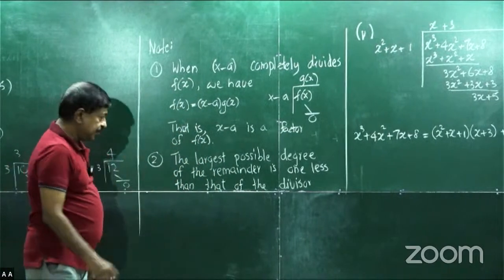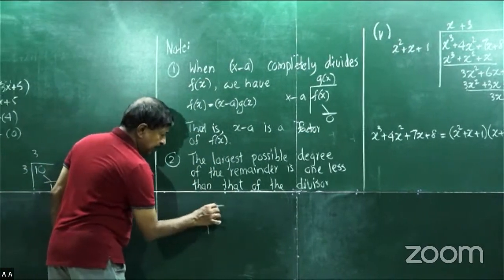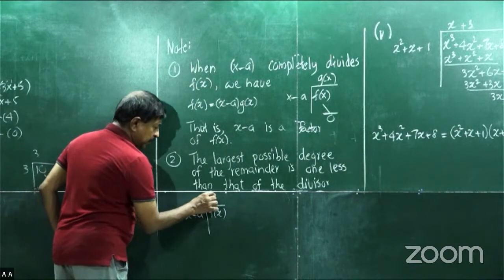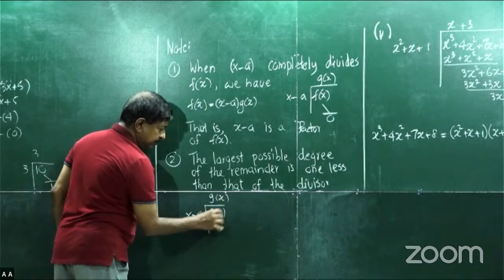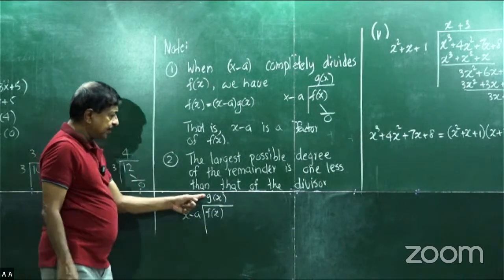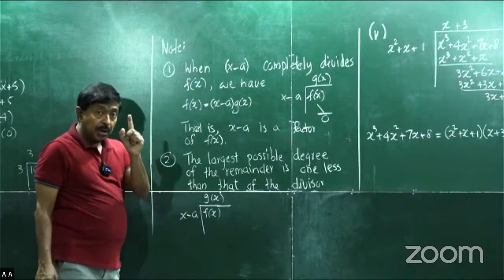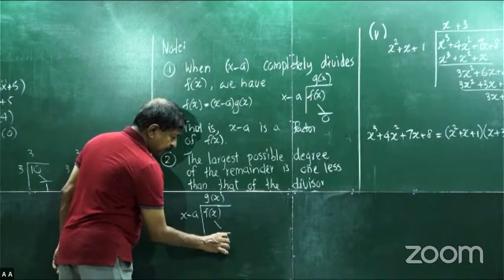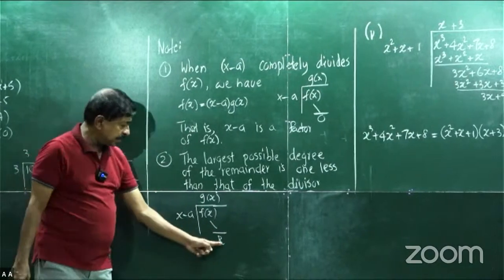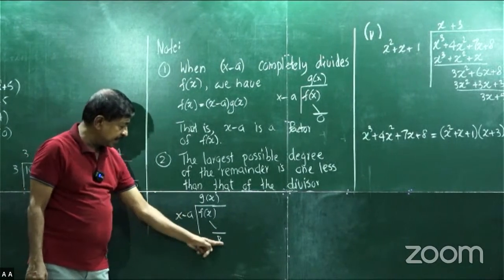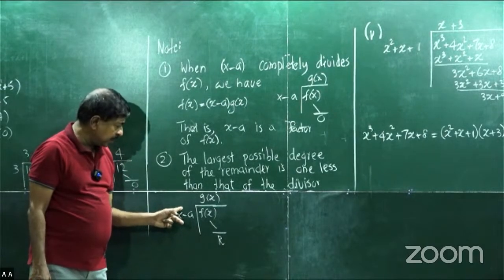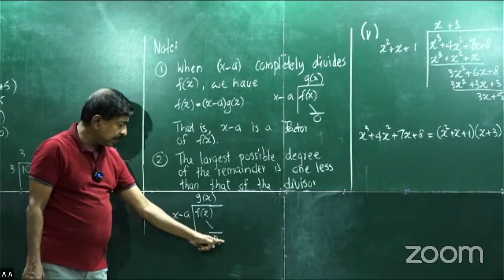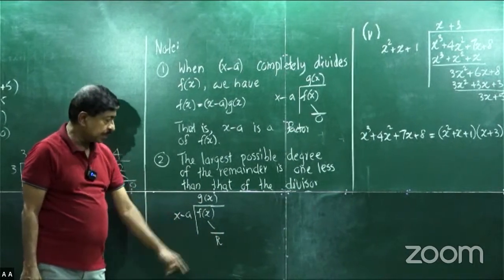Let me tell you what this is. Say you divide this by x minus a. You get some polynomial, that's a quotient. However, what I am talking about is the remainder. The degree of the remainder is one less than the degree of the divisor. Here the degree of the divisor is one, and the degree of the remainder is zero, a constant.